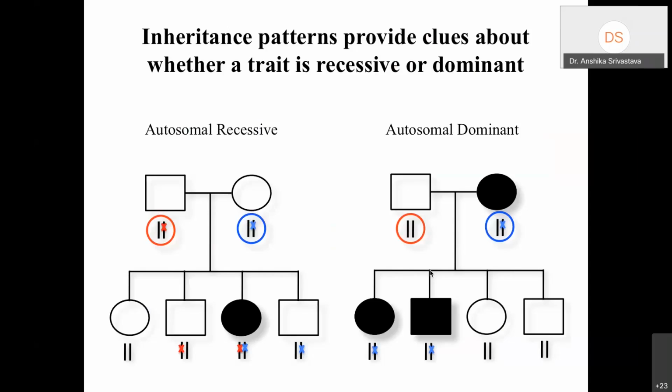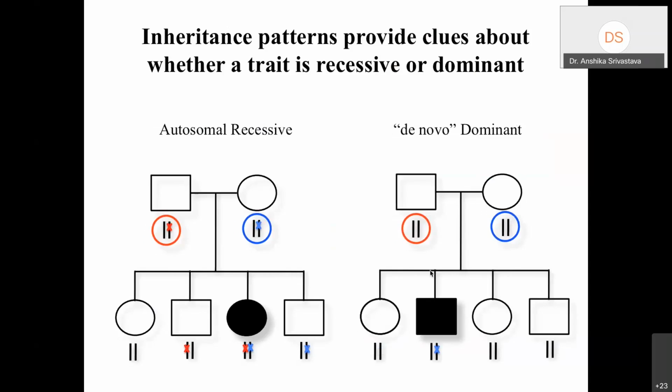You will only extract the genes which show autosomal recessive mode of inheritance. Another would be autosomal dominant mode of inheritance, where one parent is affected, and you will see the disease status passing on to their offspring as well.